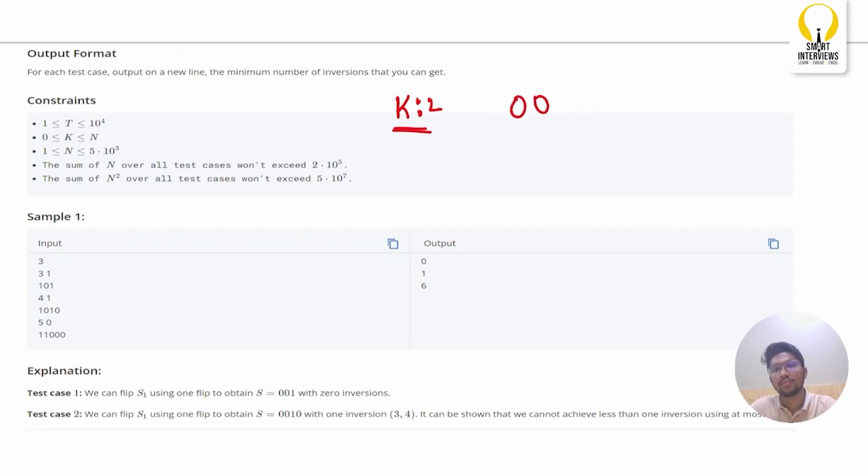We have 0, 0, 1, 0, 1, 1, and a last 0. Now k equals 2, same. So what will you do? You can flip this 0, making it 0, 0, 0, 0, 1, 1, 0. One flip is done and we're left with only one flip. Now, are you going to convert this 0 to 1?